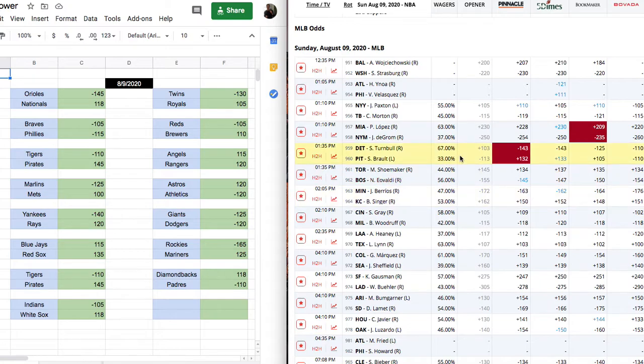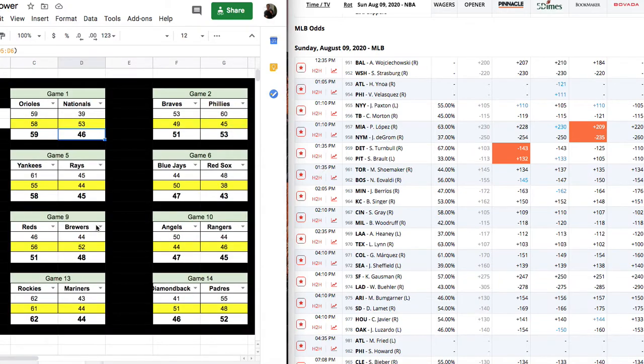Now, had we played it a little bit earlier before this line moved, maybe that was a good play, because you look down here at Pittsburgh, the Pirates are at plus 145, and this sheet here shows that the Pirates, let me find this game, they only have a 41% chance of winning. So before this line switched, actually Bovado is still at minus 110, but obviously it's going to move.